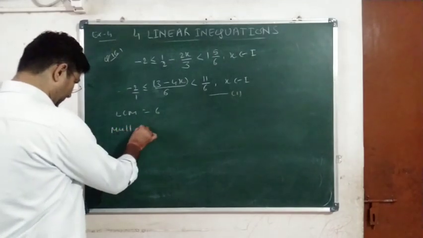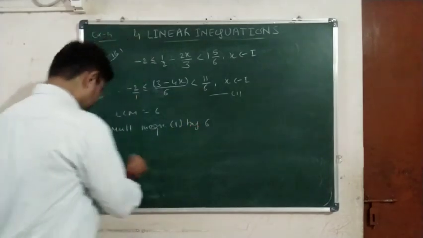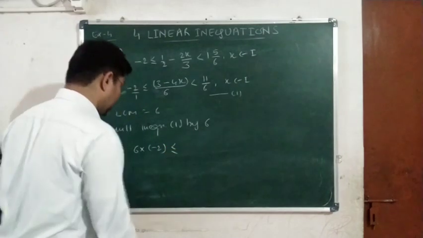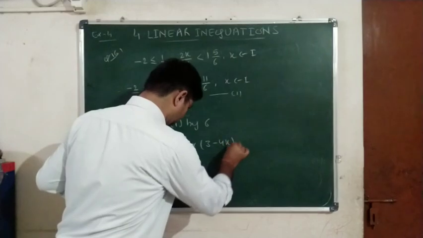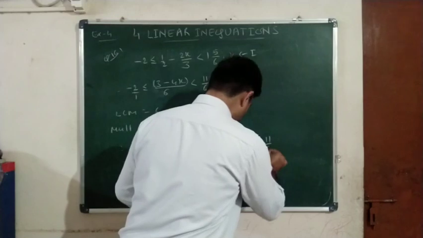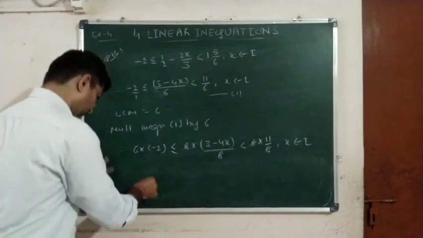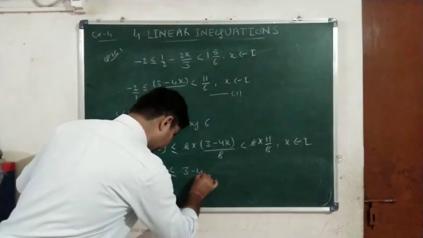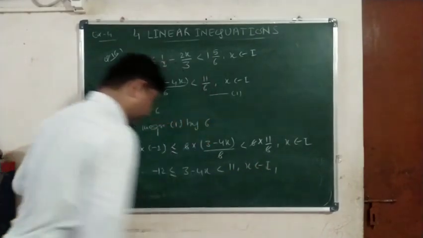Now multiplying in equation 1 by 6, therefore 6 into minus 2 is less than or equal to 6 into (3 minus 4x upon 6) is less than 6 into 11 upon 6, x belongs to I. Okay, therefore minus 12 is less than or equal to 3 minus 4x is less than 11, x belongs to I.